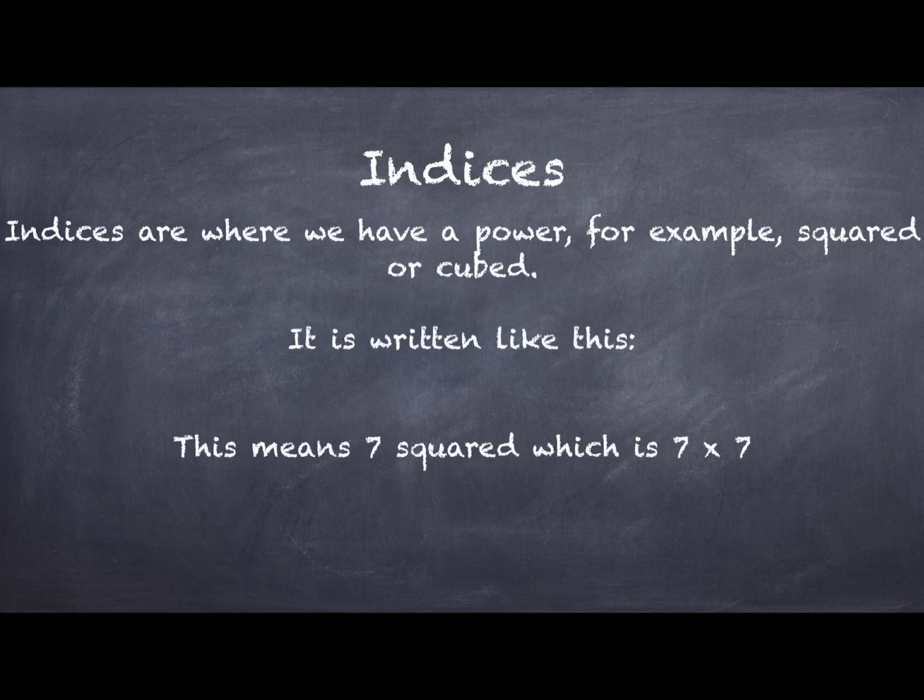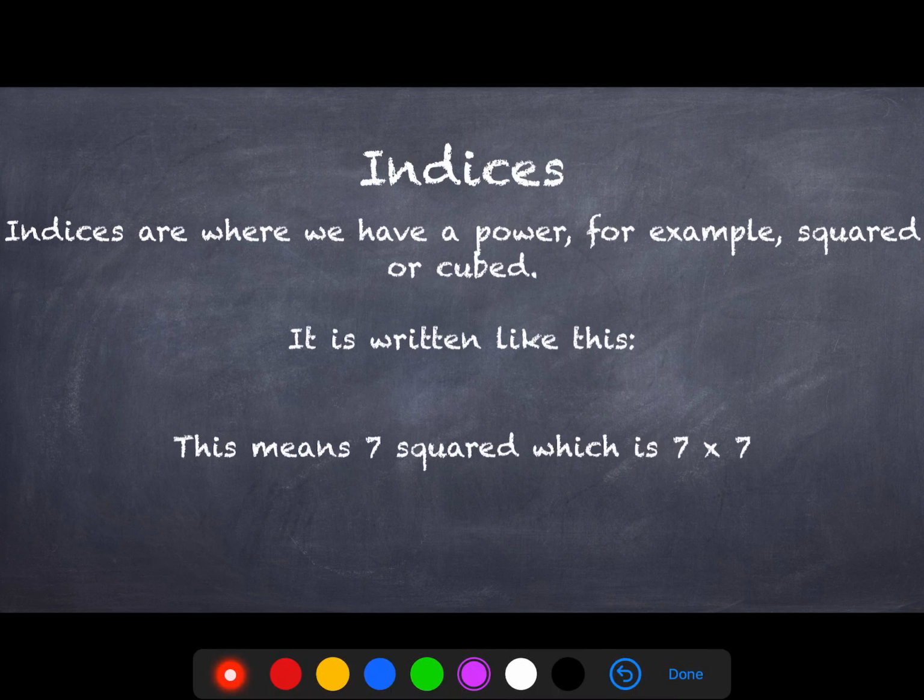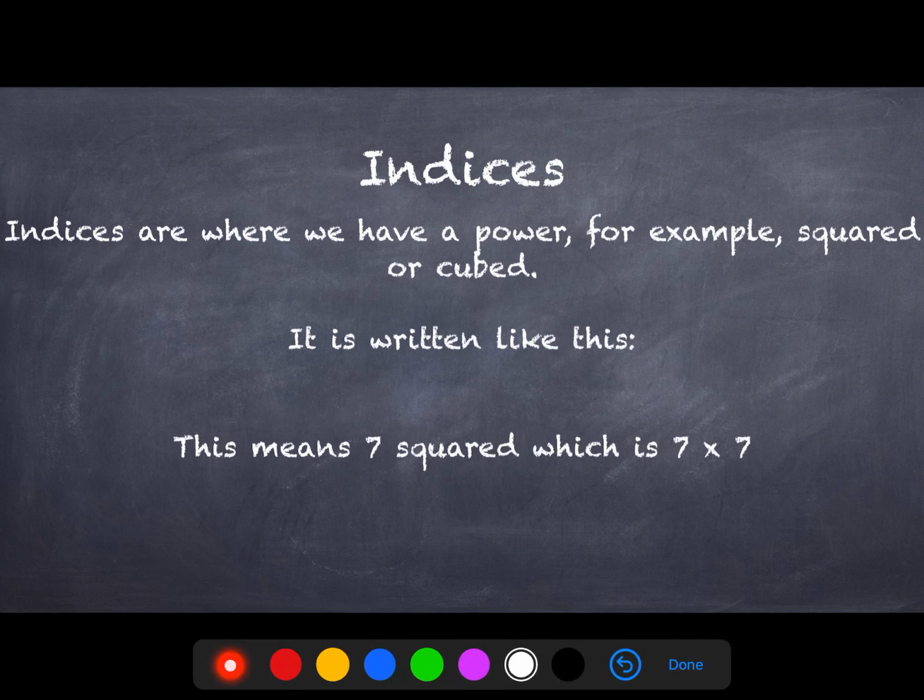Next, indices. So indices are where we have a power. Okay, so you might have heard of that as squared or cubed. It's written like this. So if I have 7 squared, the squared bit tells me that it's an indice. And as I said, this means 7 squared, which is just 7 times 7.